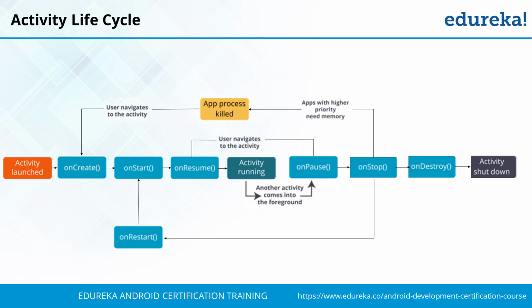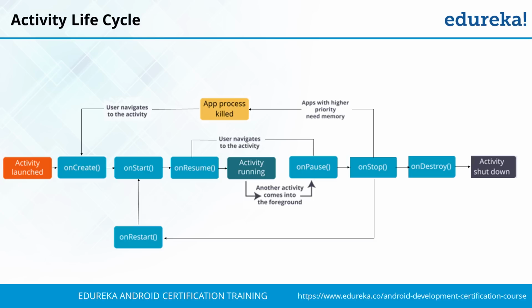As the user again navigates back to the activity, pause is linked with resume, right? So if an activity is paused, it can be resumed. And stop is a state when the user is unable to see the activity and unable to interact with it. So if you are in a stop state, you will again go to restart, then start, and then again resume, and so on.